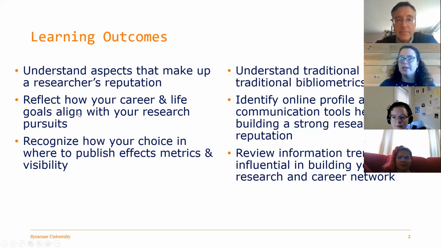Recognize how your choice in where to publish affects metrics and visibility. Understand traditional and non-traditional bibliometrics. Identify online profile and communication tools helpful in building a strong research reputation, and review information trends influential in building your research and career network. So again, these are all aspects that I feel are very important to establishing a good research reputation and getting your name out there.